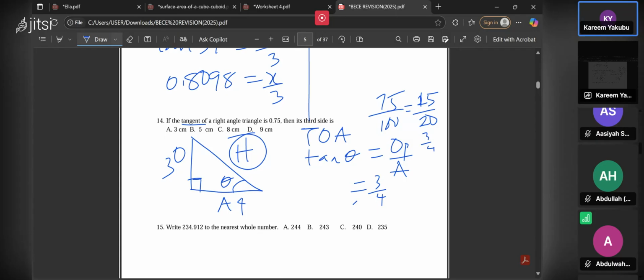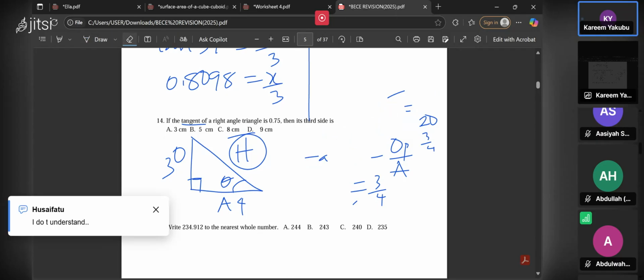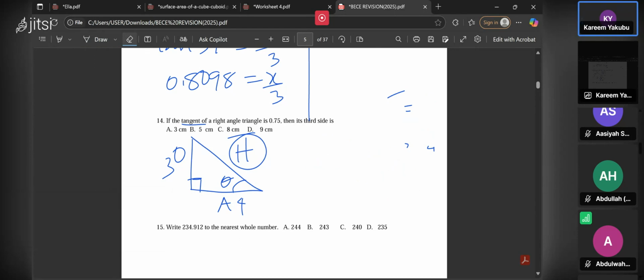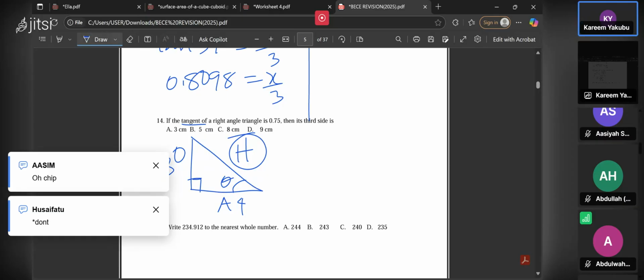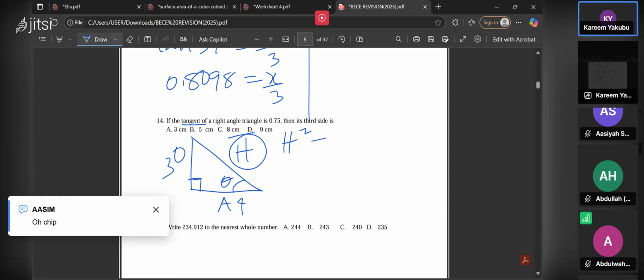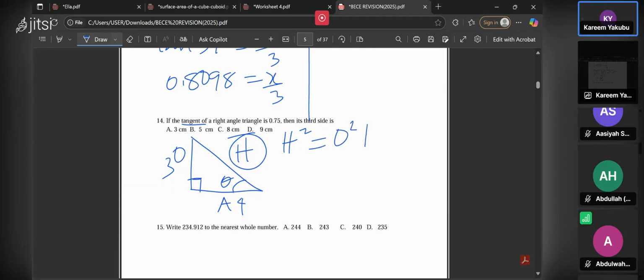In this case, we are going to use Pythagoras theorem to find the value of the third side. Hypotenuse squared equals opposite squared plus adjacent squared.